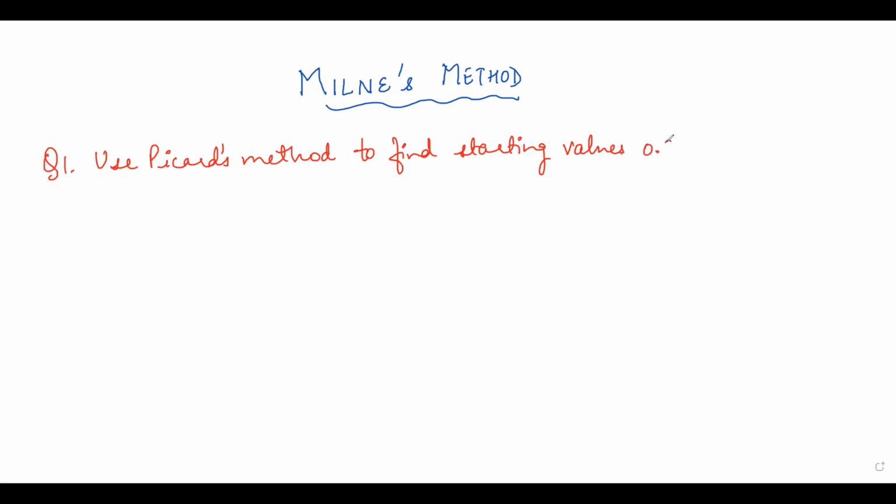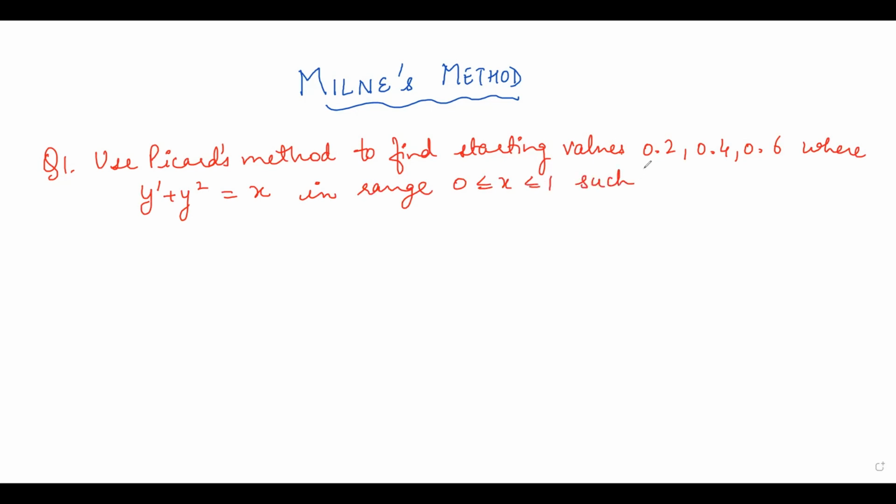So let me just write the question. So the initial values are given to us as x naught is 0 and y naught is 0. So we'll be doing this question.